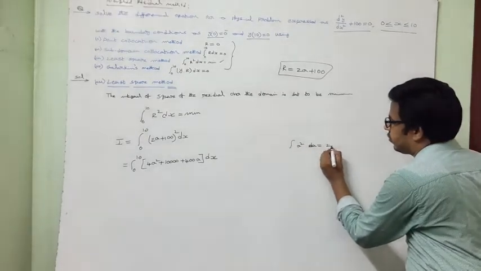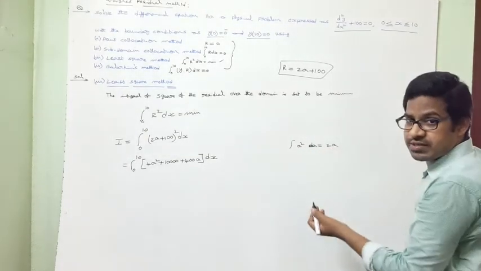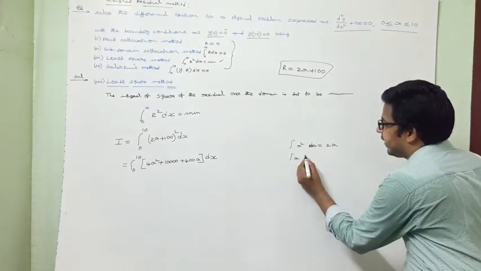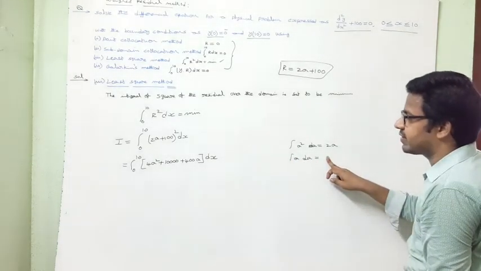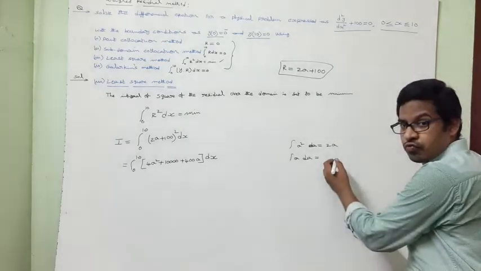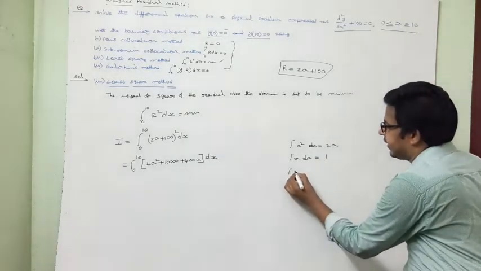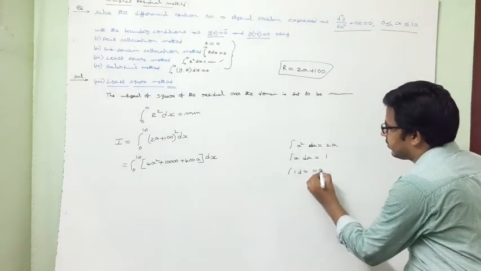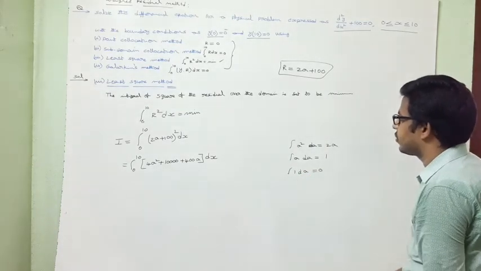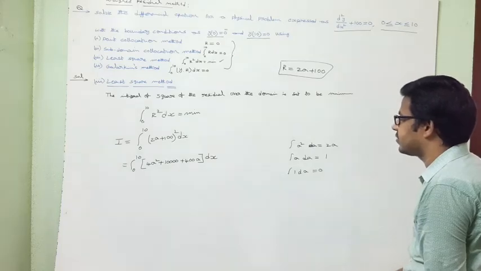Integral of a into dA is equal to 1. So integral of 1 dA is equal to 0.